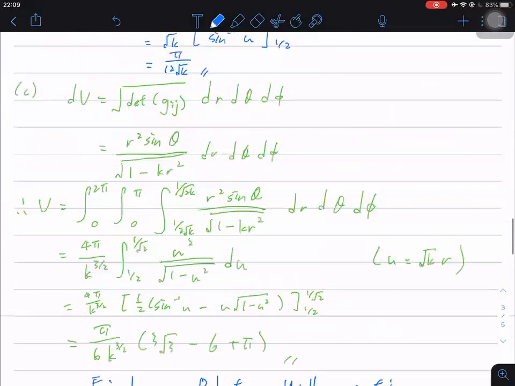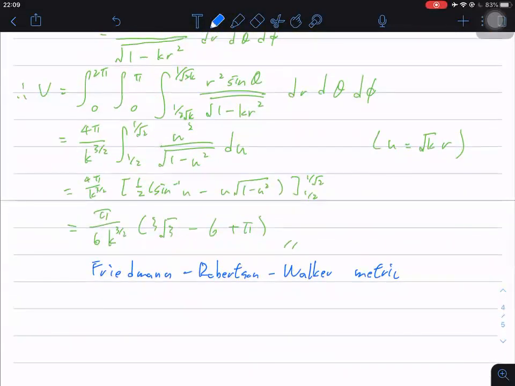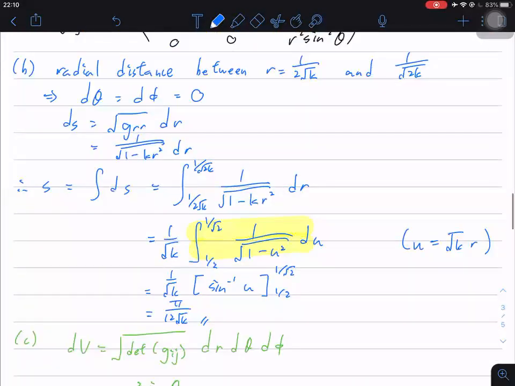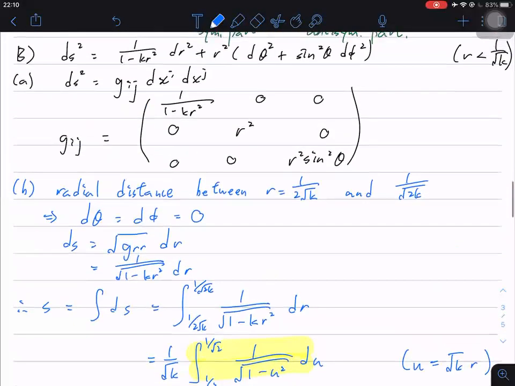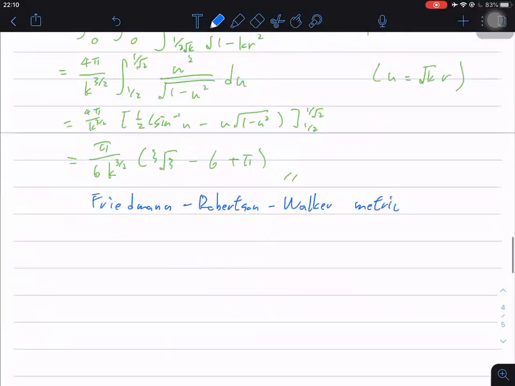That's the part of the metric inside the Friedmann-Robertson-Walker metric. So the metric we are dealing with here is basically a closed 3D metric form, which is used in the FRW metric.